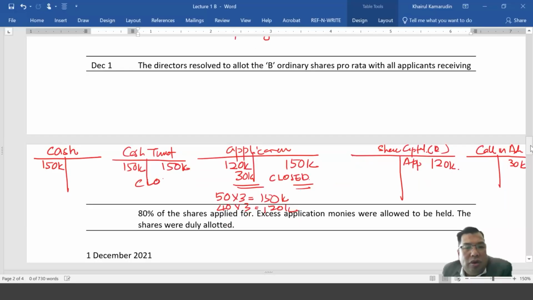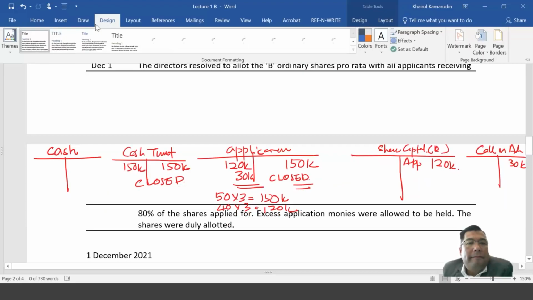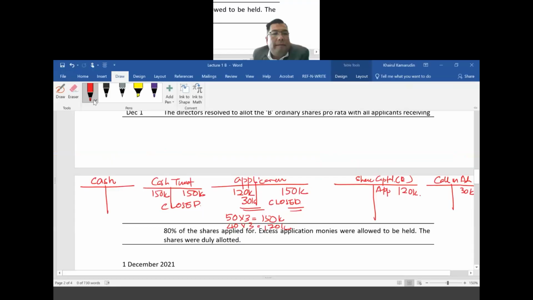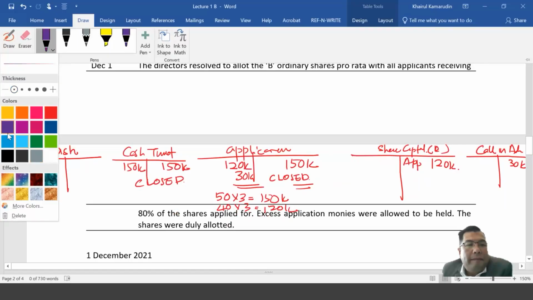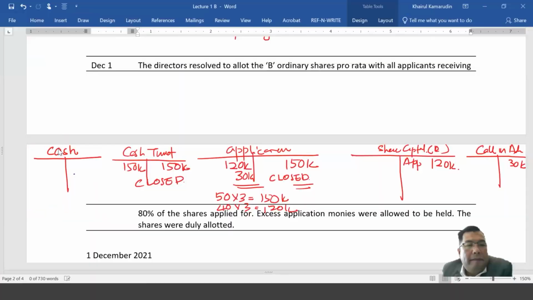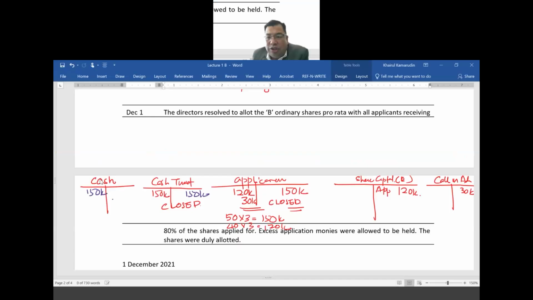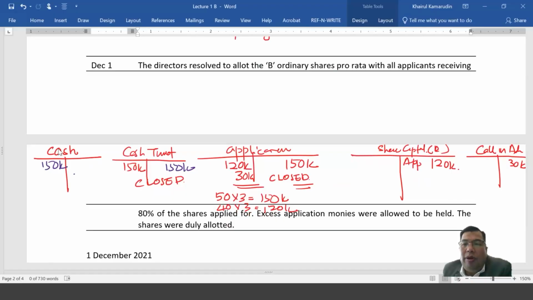So this is also closed. And debit cash 150,000. So now my cash increases.